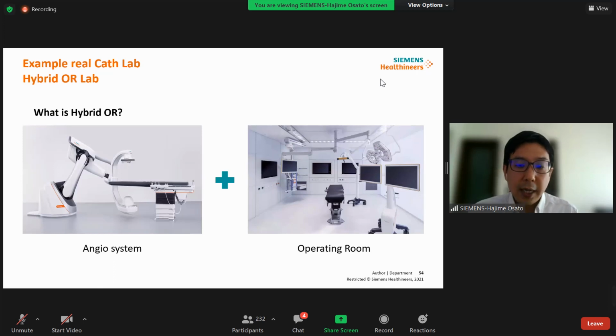It combines open surgery and interventional procedures. For example, neuro aneurysm clipping. After and during open surgery, the doctor confirms vessel information with angio. It is quite helpful to check the surgical progression and the effect.